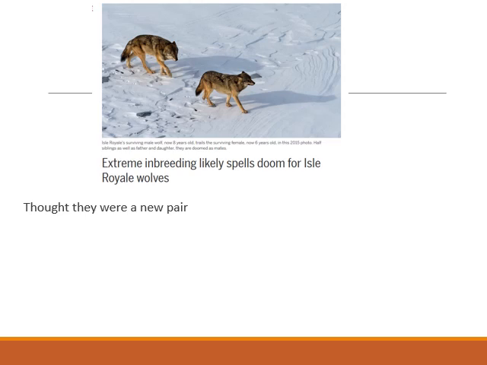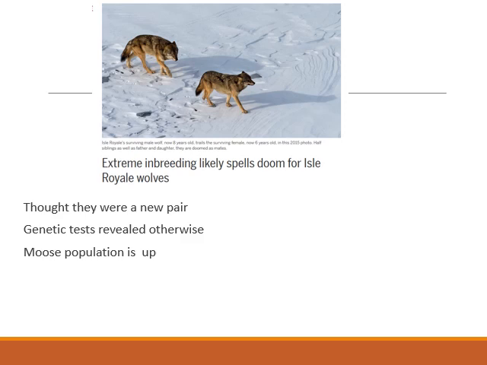So there's probably going to be lots of different mutations and diseases that will be more prevalent in these wolves than ever before. And I think a few years ago, I think this is 2015, they thought they spotted a new pair, and then they probably got wolf scat and realized that they weren't actually a new pair. They were ones that they'd already known existed before.